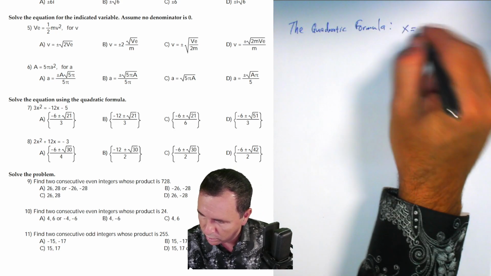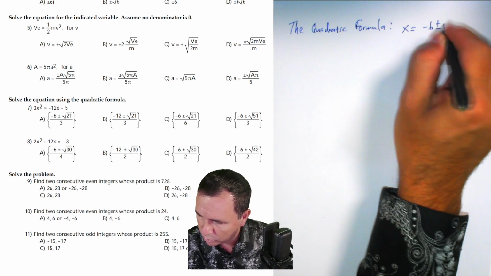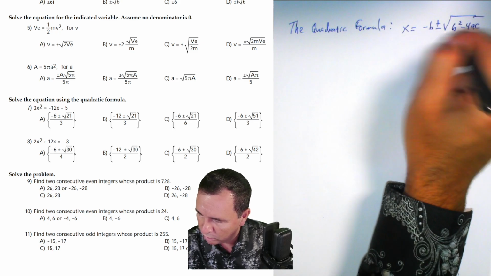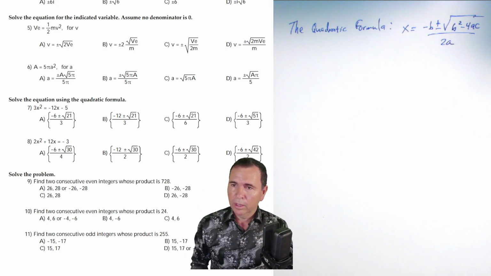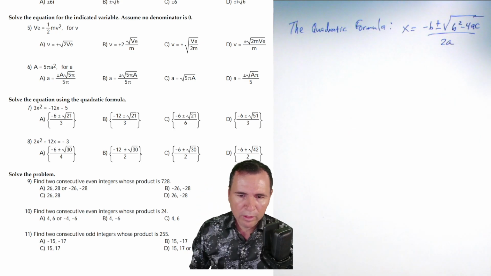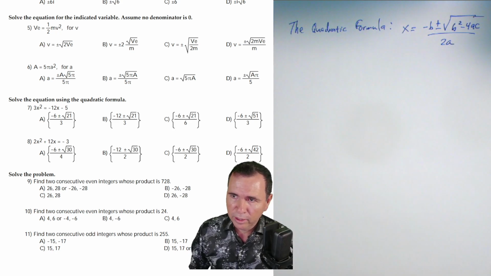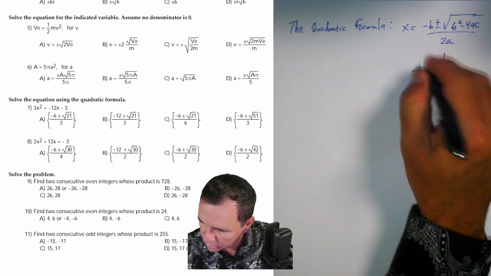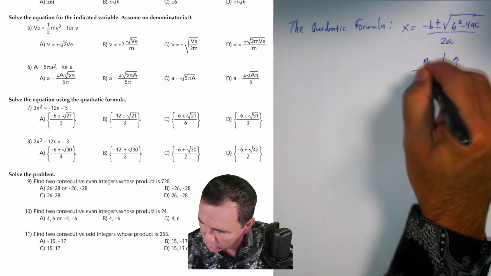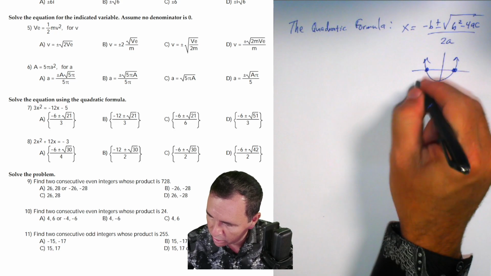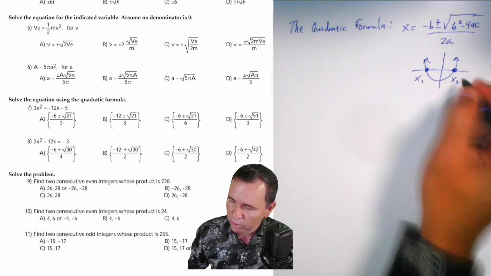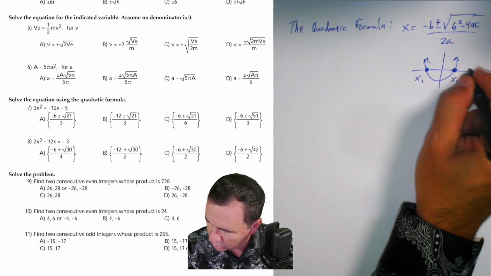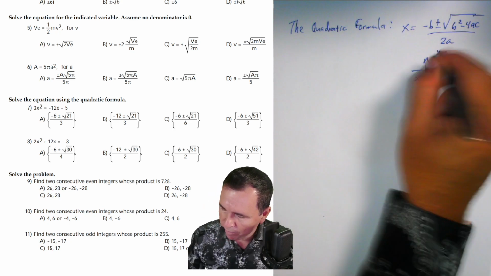X is equal to negative b plus or minus the square root of b squared minus 4ac, all over 2a. And you might say, what is this formula for? Well, this formula is to find roots. So if I had a graph like this, you want to know where this crosses, and this is x1 and this is x2. Those are my two roots. Where does the parabola cross the x-axis? Okay, that's what it's for.